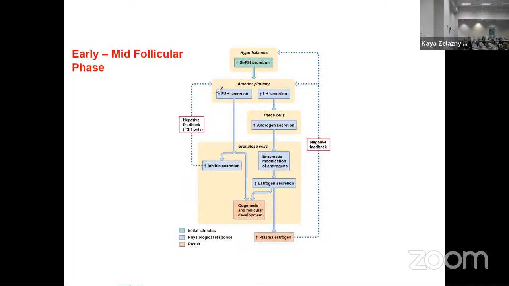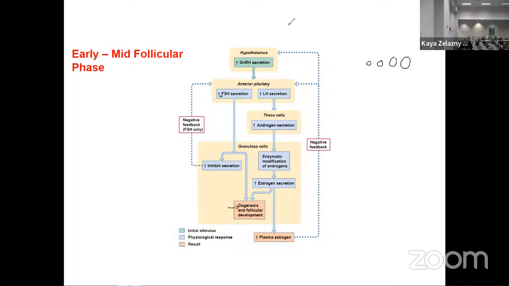FSH is follicle stimulating hormone, and this is really part of why those follicles are growing and getting bigger and bigger. Because it's a hormone, it travels far through the body. This is causing oogenesis and the development of the follicle here.